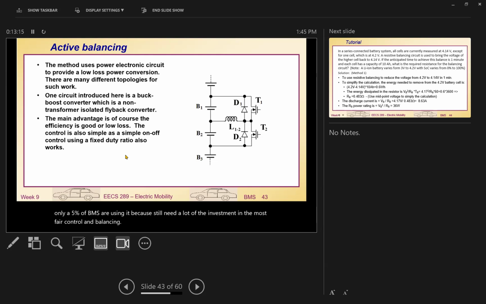One thing you can see is that for the buck-boost converter, I think I showed you last time, output over input voltage equals D over 1 minus D, where D is the duty ratio of the transistor. So if you want balancing, you want these two voltages equal. The voltages become equal when D equals 0.5.